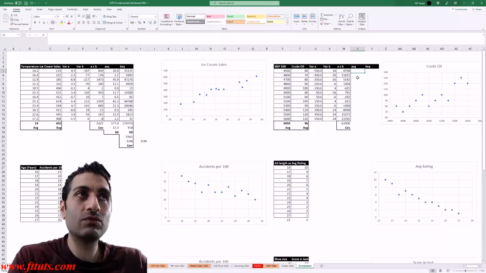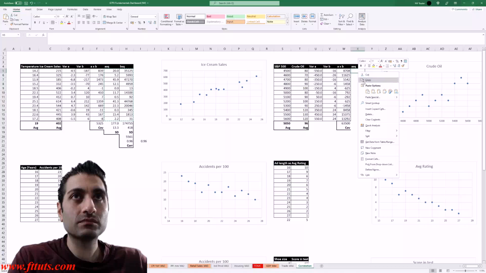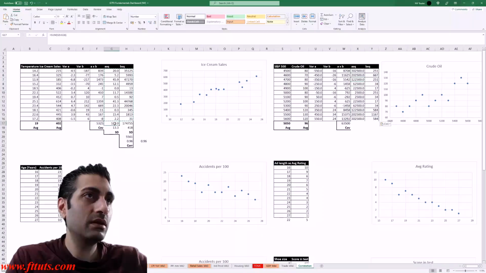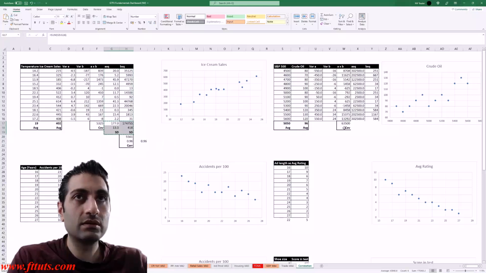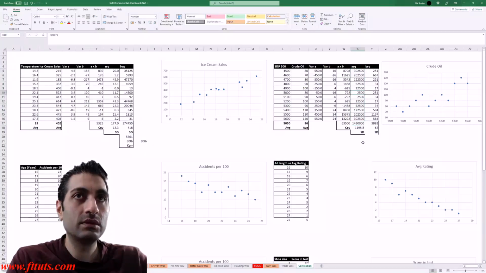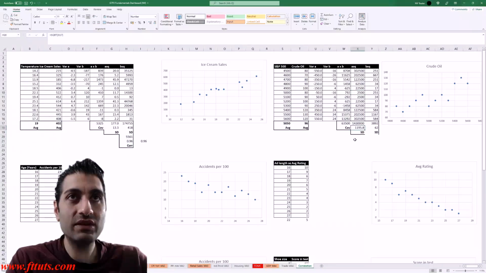Okay, so we do a squared. So I'm going to copy all of this. I'm going to cheat a little bit just to save time. Okay, a squared, and then I'm going to do the sum of both. Let me just make that one decimal place. Now I have the standard deviation.